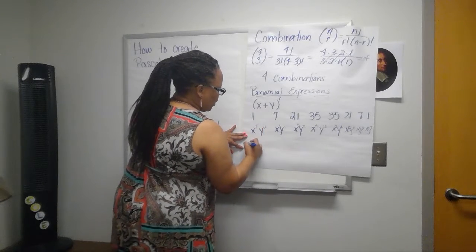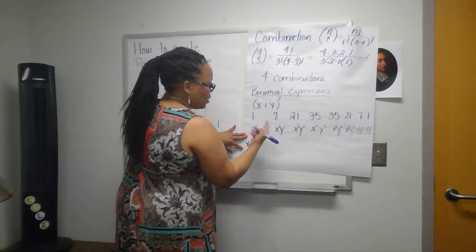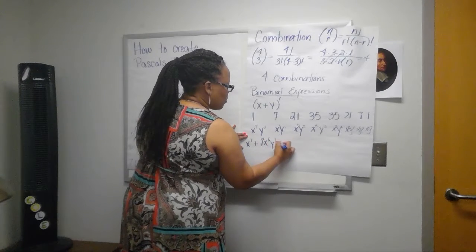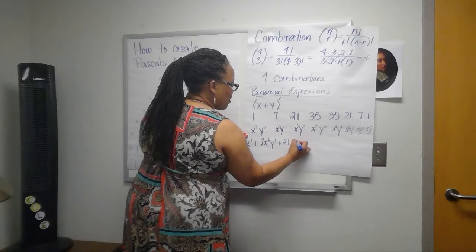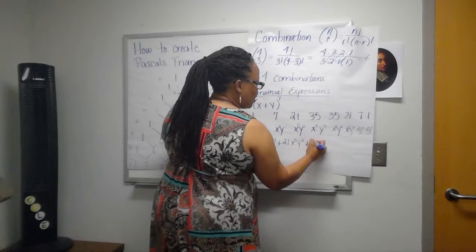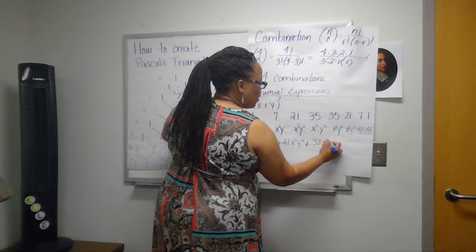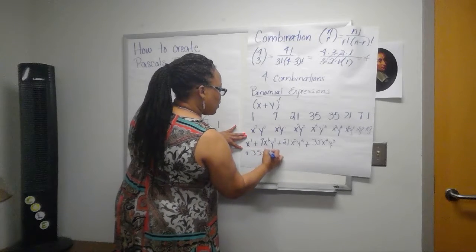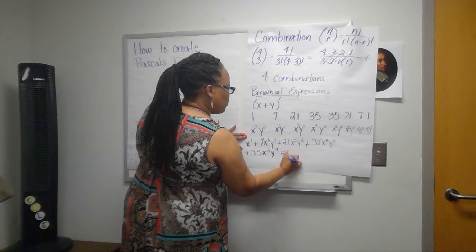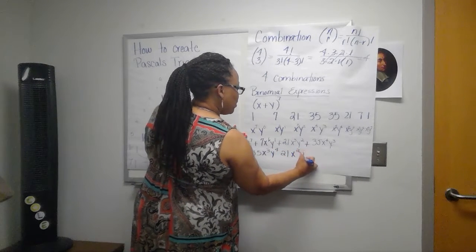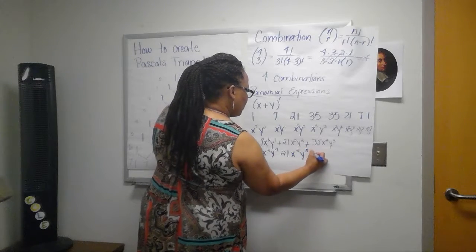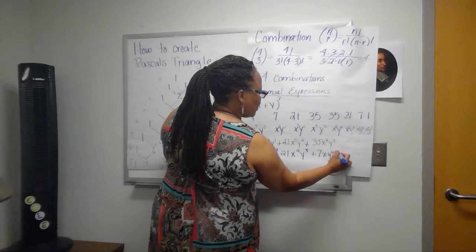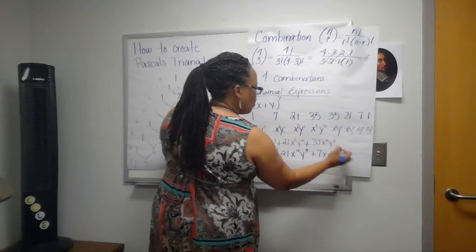We really don't use the coefficient 1, so we could just say x to the 7th and y to the 0 is just 1, plus 7x to the 6th, y to the 1, plus 21x to the 5th, y squared, plus 35x to the 4th, y to the 3rd, plus 35x to the 3rd, y to the 4th, plus 21x squared, y to the 5th, plus 7x, y to the 6th, and lastly, plus y to the 7th.